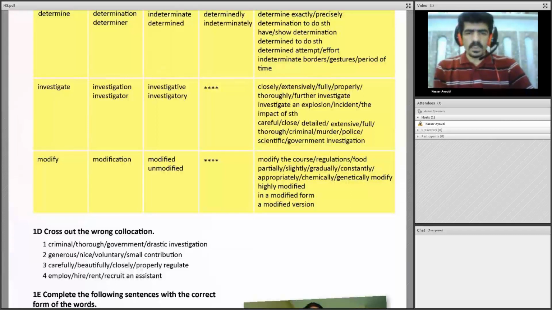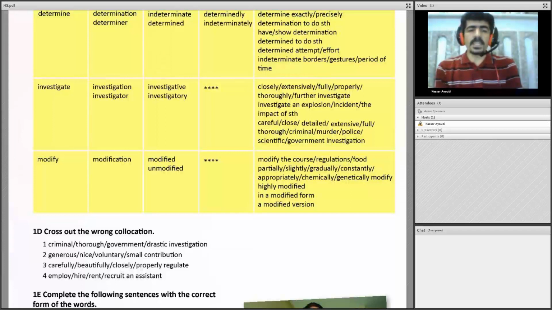And examples. In a modified form: the director agreed to perform the play, but only in a modified form.